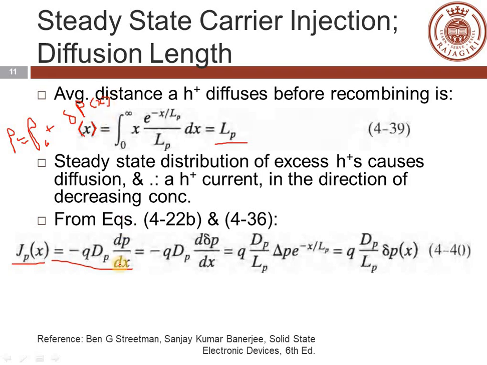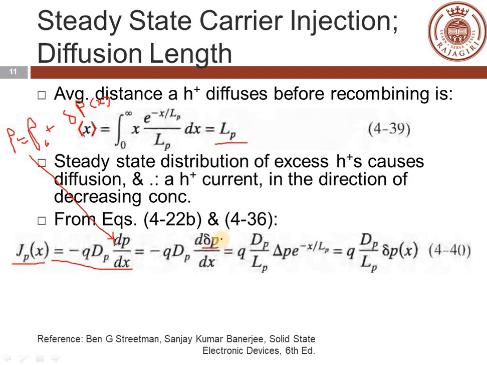So if you substitute p equal to p0 plus small delta p of x over here, p0, that is the equilibrium value, is a constant value. So the derivative of a constant is 0. So you will have the remaining term, minus q into Dp, d by dx of delta p of x.